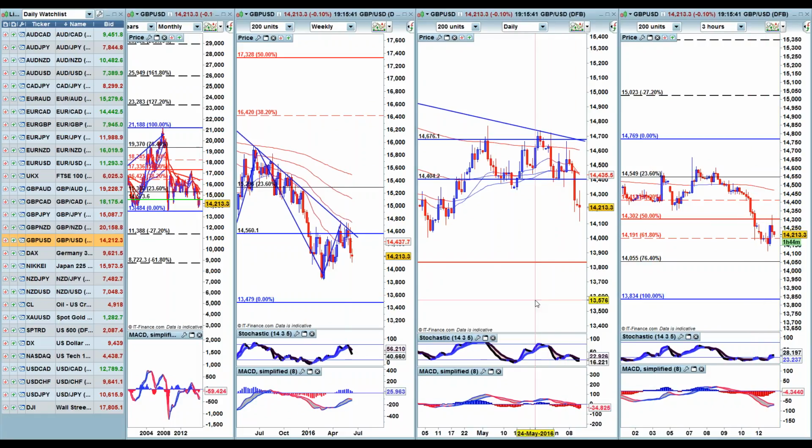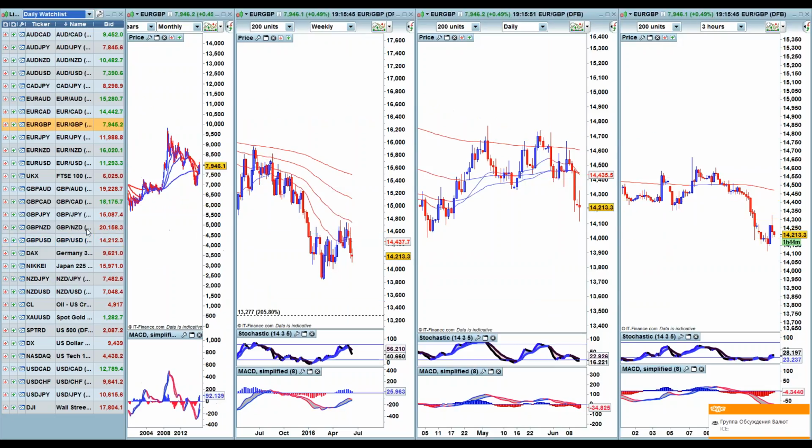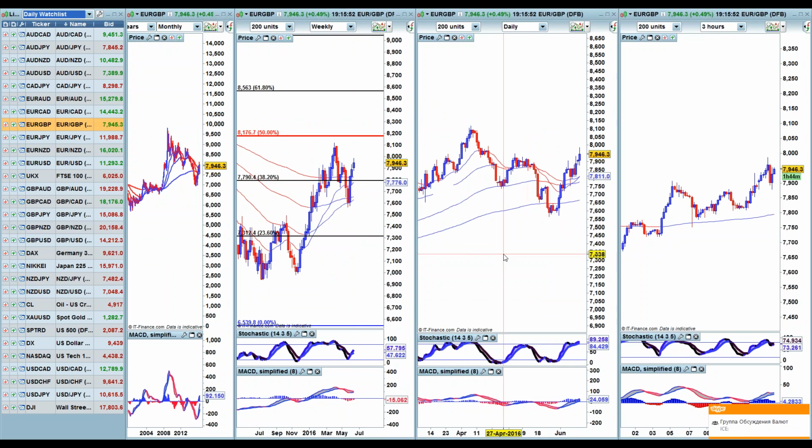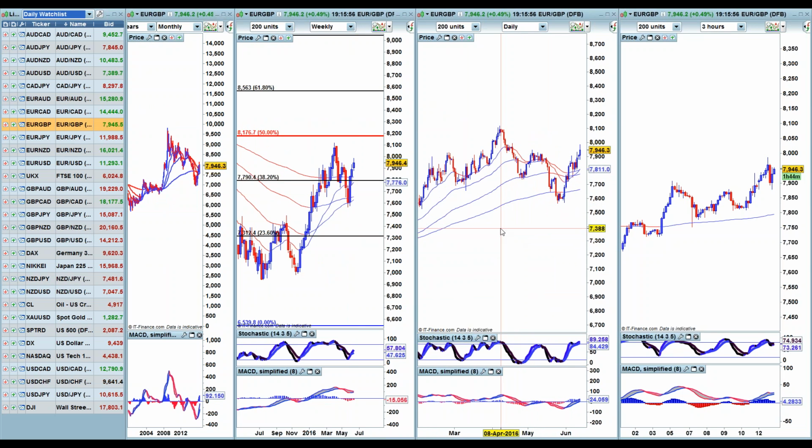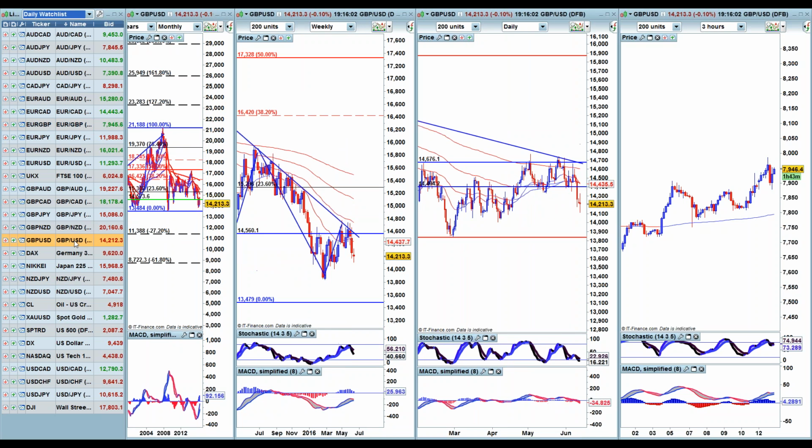You could trade the euro pound. At the moment this is trending up, so you could buy dips in this one to hedge your pound US trade. Otherwise, just stick to your guns.